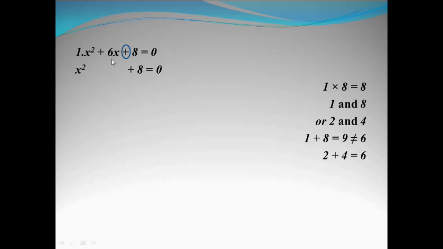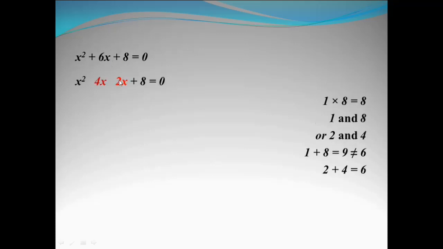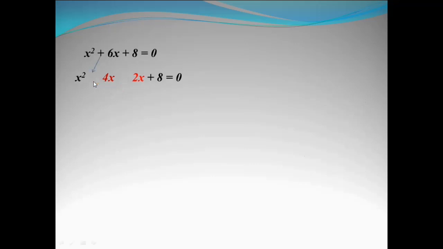For this purpose, we write the greater term first and the lesser term second. It makes it easy to allocate the signs of 4x and 2x. The sign of the middle term will be allotted to the greater term, that is plus.